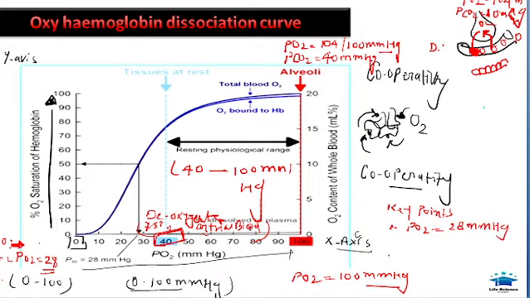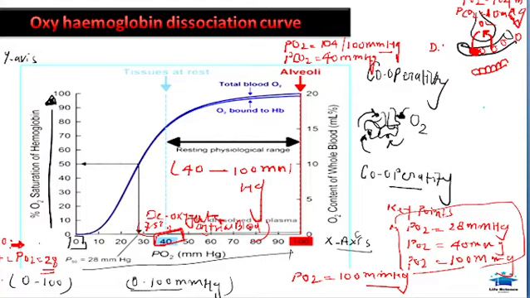Second, the pressure of oxygen at 40 mmHg, which is resting, and this is vigorous exercise. When we exercise, this value goes up to 28 mmHg. And the pressure of oxygen at 100 mmHg. These are the values which cover the whole oxyhemoglobin dissociation curve for better understanding.